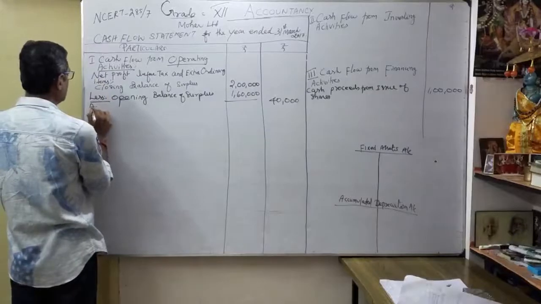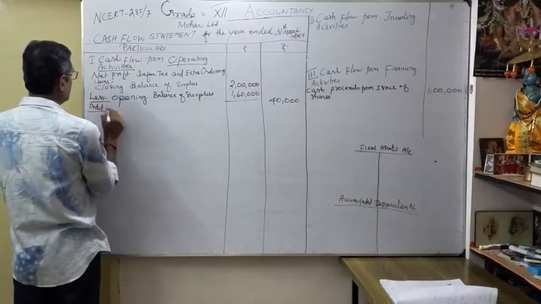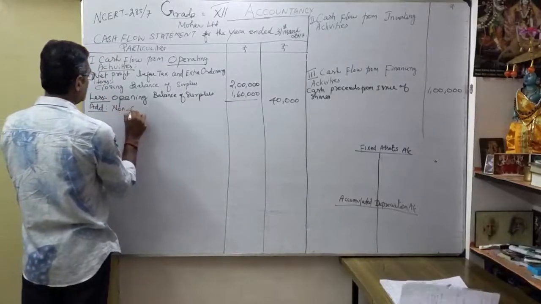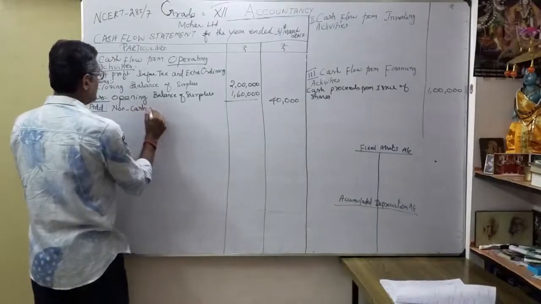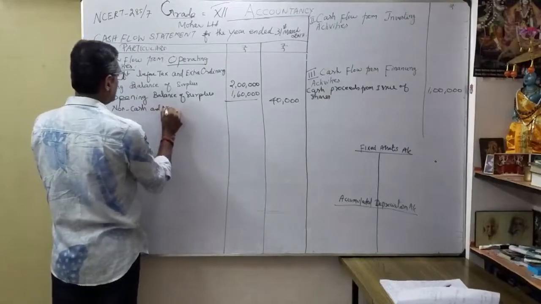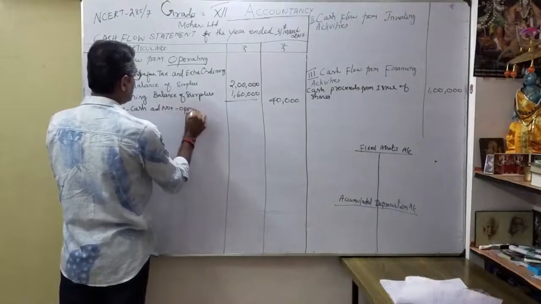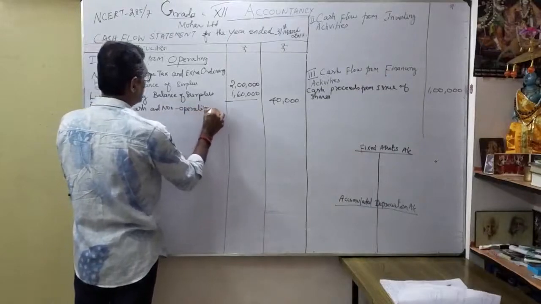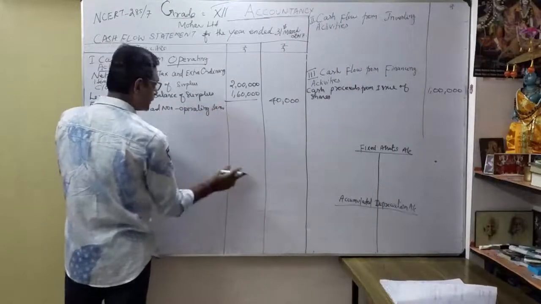Thereafter, you want to know what is to be added and less. Here, non-cash and non-operating items. You have to give some space.